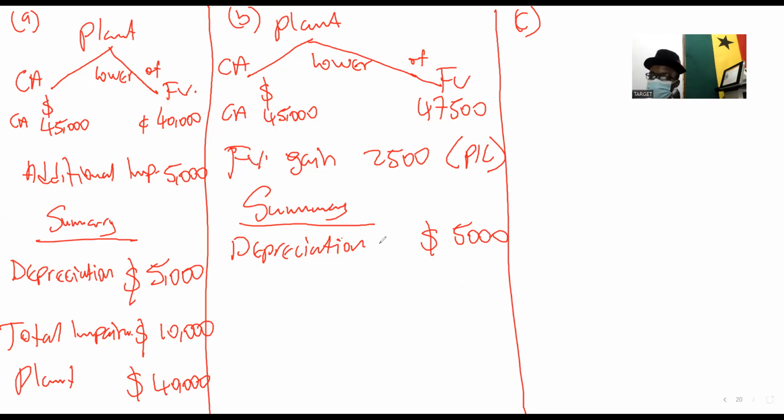So here we can use it to reduce the impairment they've charged. Previously they have charged impairment of 5,000 and today they've made a gain. So therefore we have to credit P&L to the tune of what? 2,500 as the gain. And then that is it.